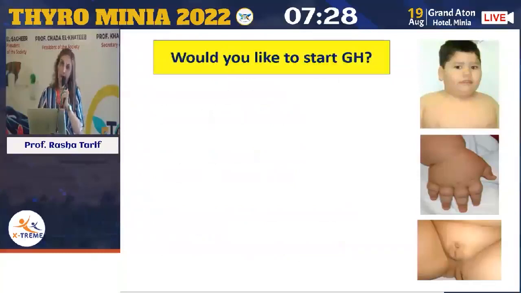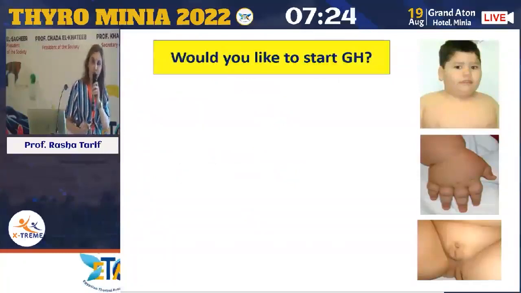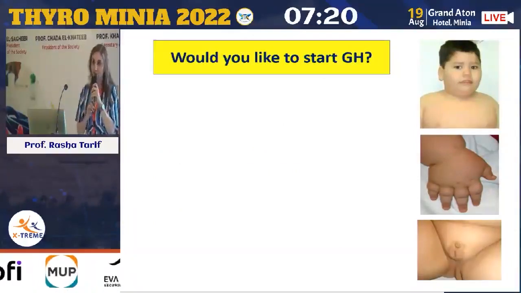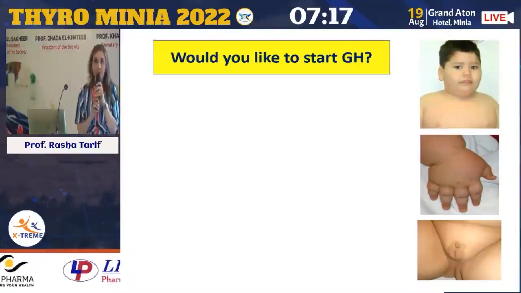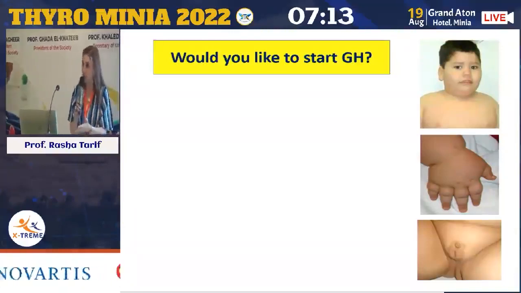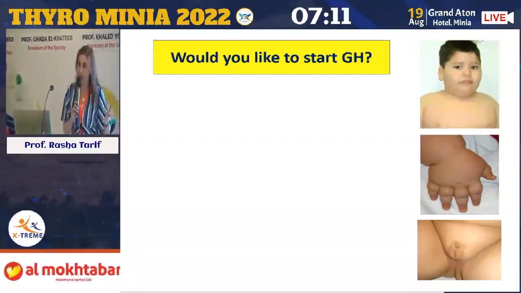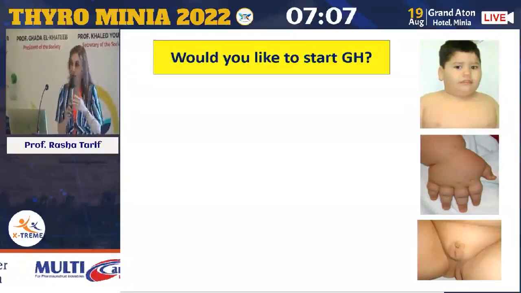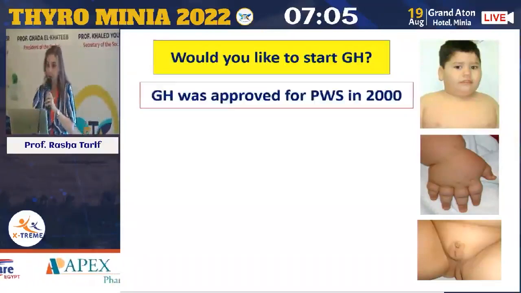Now, the same question. Would you like to start growth hormone for this child with Prader-Willi immediately? Shall we go immediately for growth hormone? Thank you very much. Yes, it is an approved indication for growth hormone, but we have to correct the thyroid function. We have to correct the insulin resistance and the other comorbidities, and then we have to go for growth hormone.